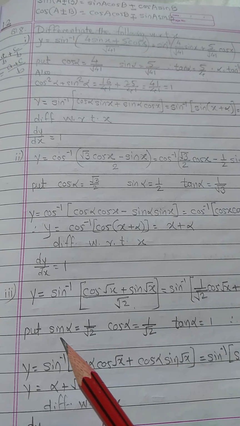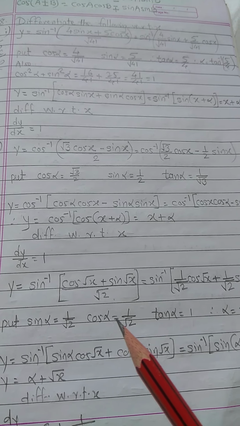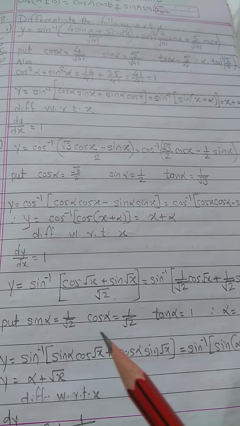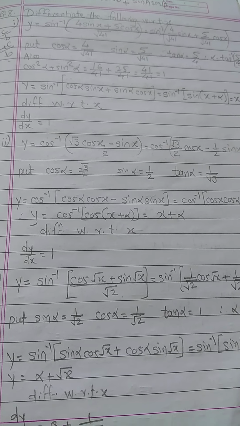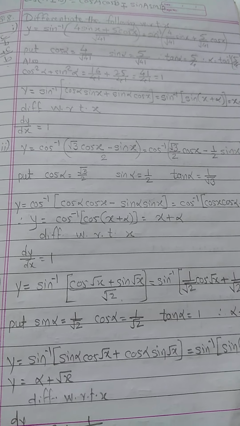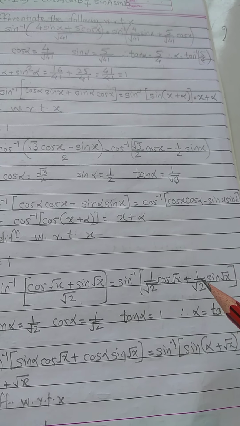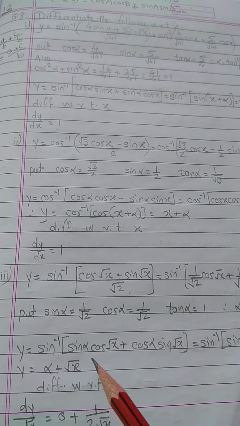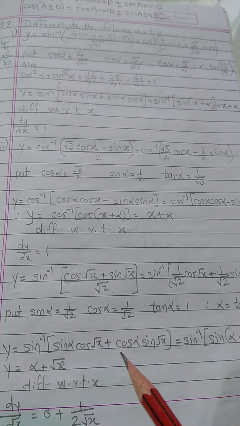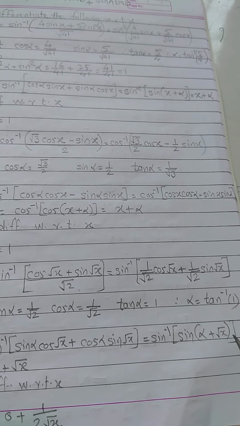Also we should check whether sin square plus cos square is 1. Sin square here is 1 by 2 and cos square will be 1 by 2. 1 by 2 plus 1 by 2 will give you 1. Therefore sin square plus cos square is 1 here. So we can write 1 by root 2 as sin alpha, and in place of this 1 by root 2 we will write cos alpha. We know that sin cos plus cos sin always gives us sin of a plus b.